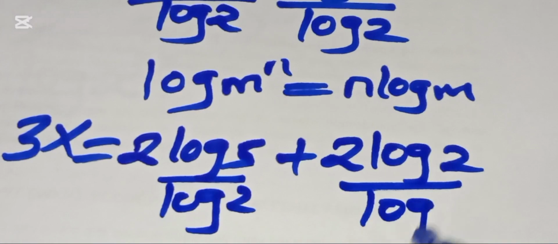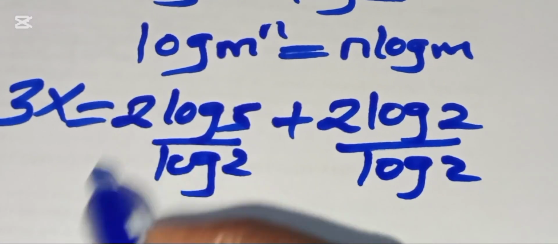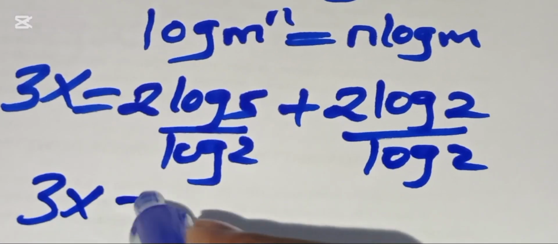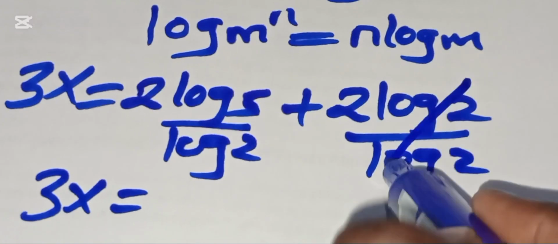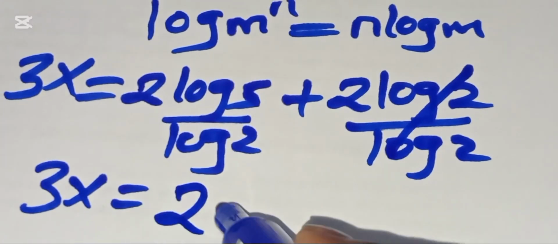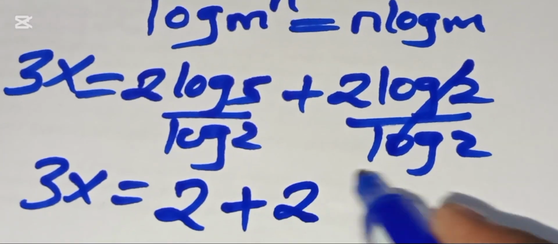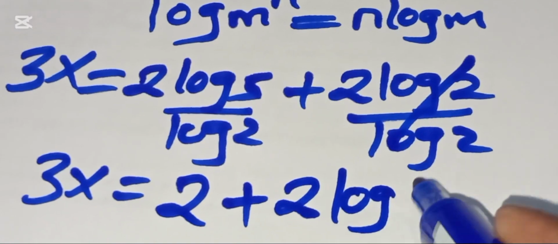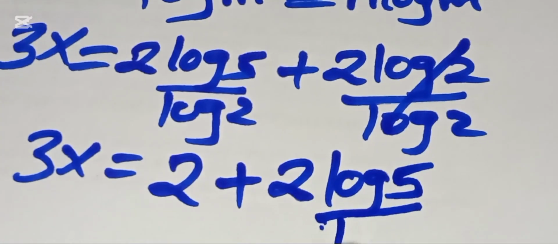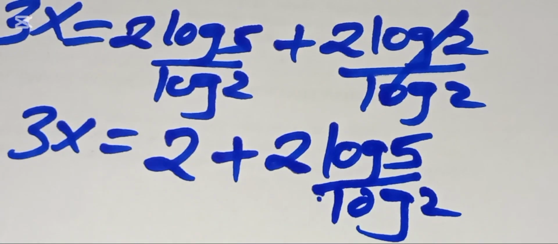Now, let's simplify here. We'll have 3x equal to 2 plus 2 log 5 divided by log 2.